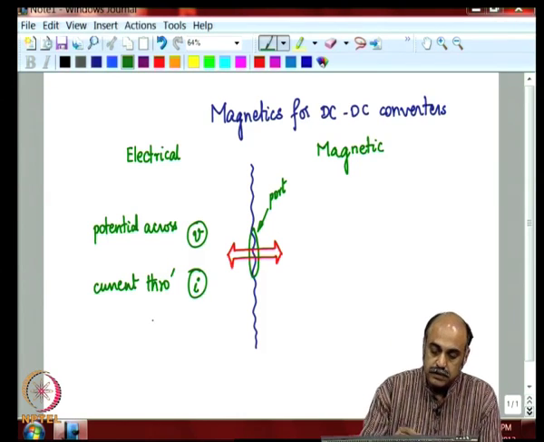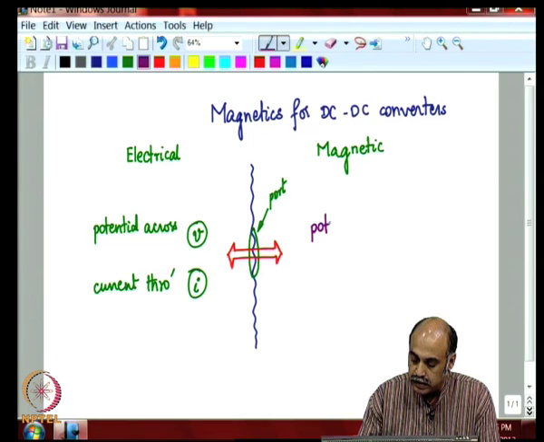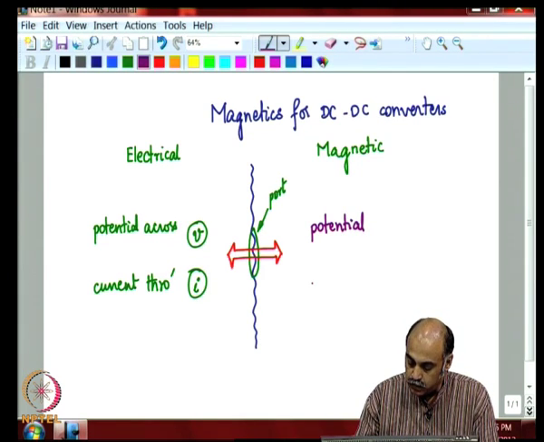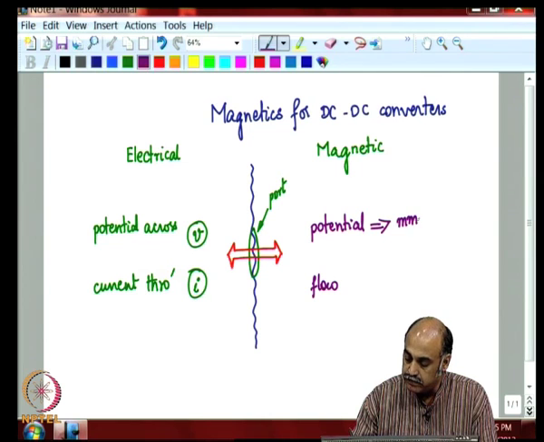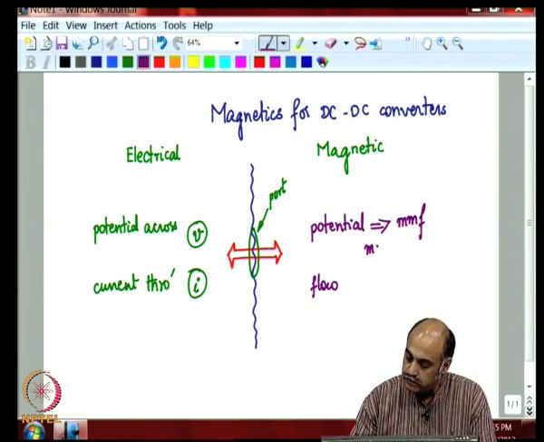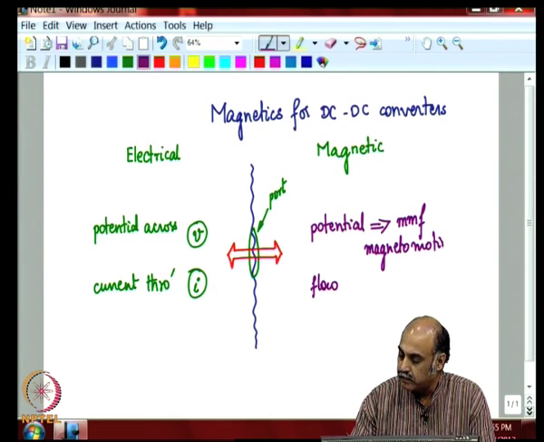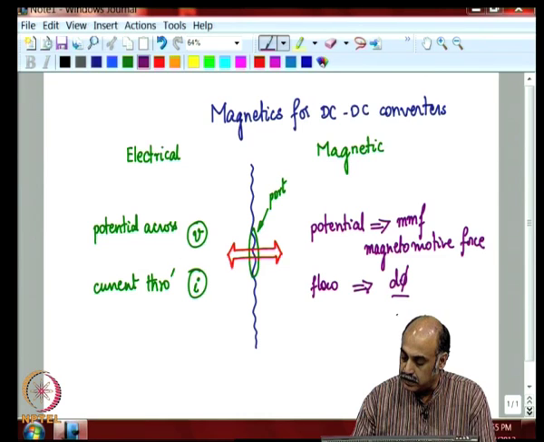And on the other side, you have a potential variable and a flow variable. The potential variable is called MMF, the magnetomotive force, and the flow variable is called d phi by dt.